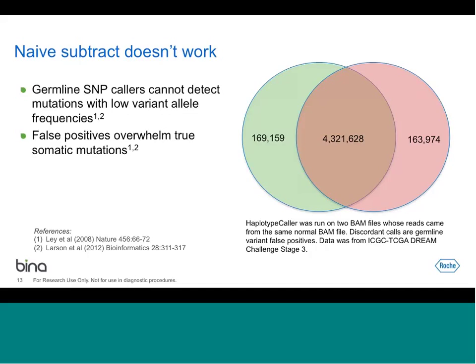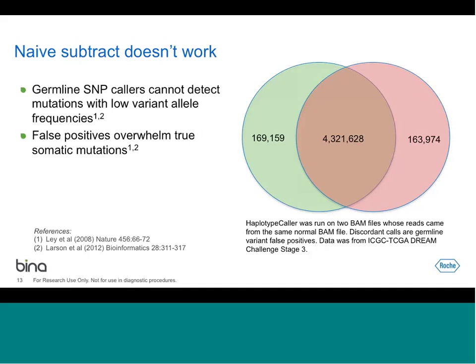These two files came from the same sample, from the same sequencing experiments. In theory, they should have the exact same genotype. Now, in the designated tumor, some synthetic mutations are spiked in at different fractions. So in the end, you know what the true somatic mutations are, and you can evaluate your methods based on the synthetic mutations.